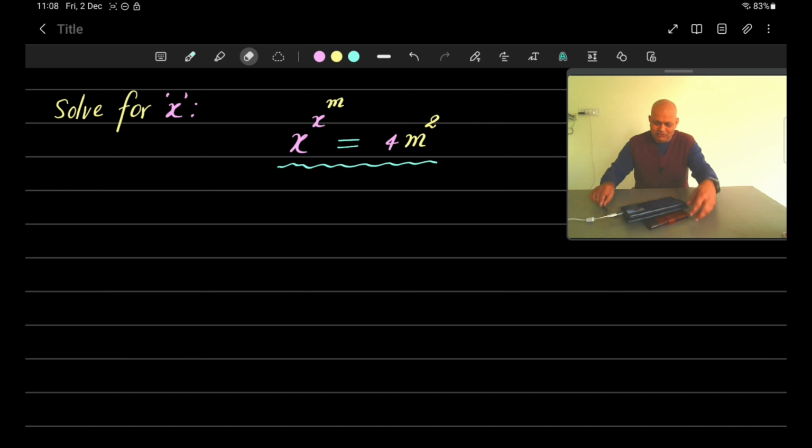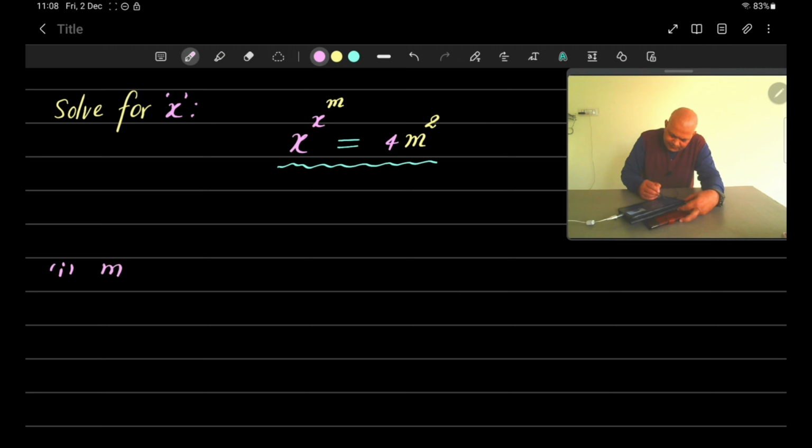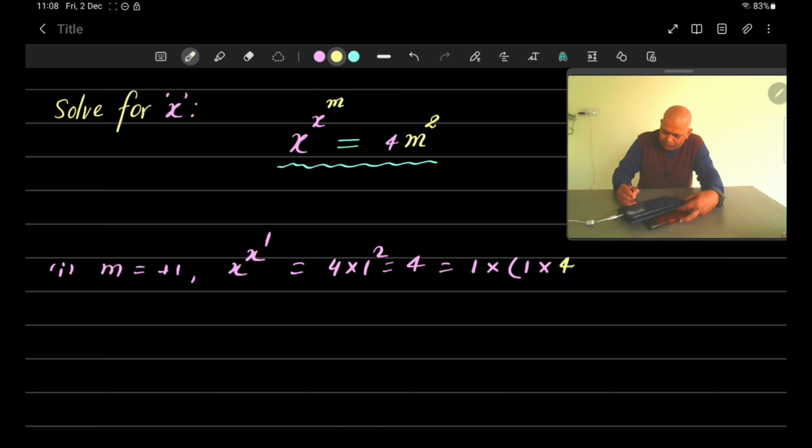Okay? Just see here the logic. The first one is if m equals 1, because m is a positive integer, the question will look like x to the power 1, and that will become 4 times 1 squared, that is 4. You can write 4 in this way, 1 times 4.